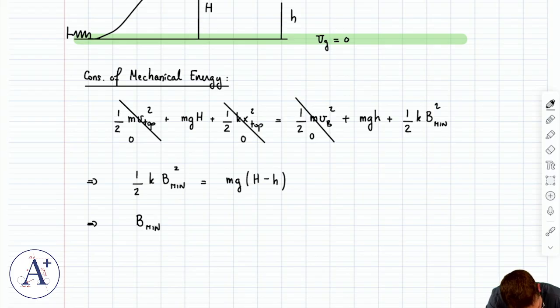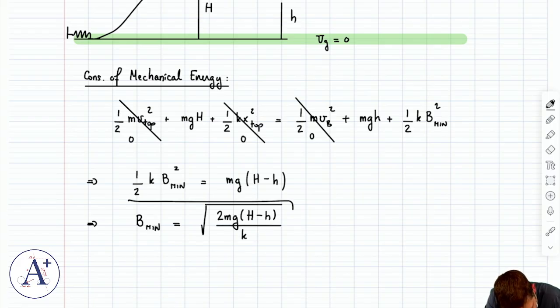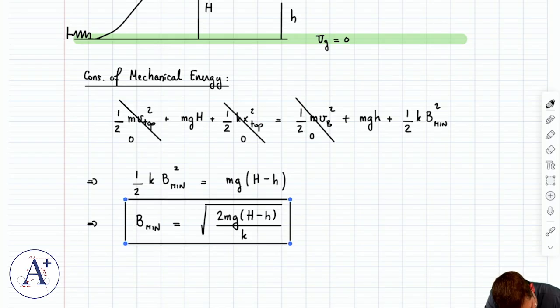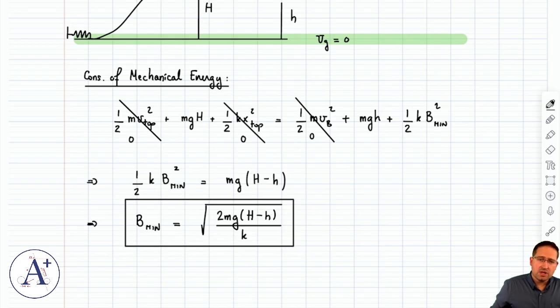And so B min is going to be equal to the square root of 2mg big H minus little h, divided by K. All right. So hopefully not too bad, right?